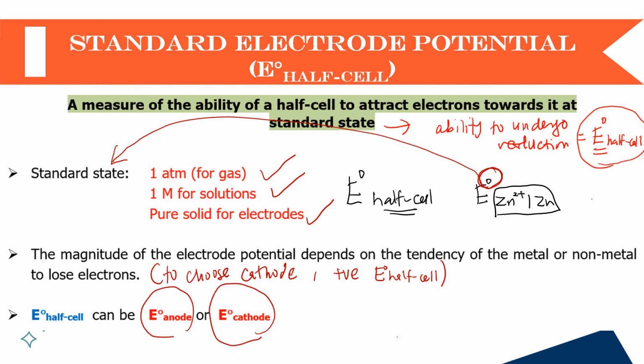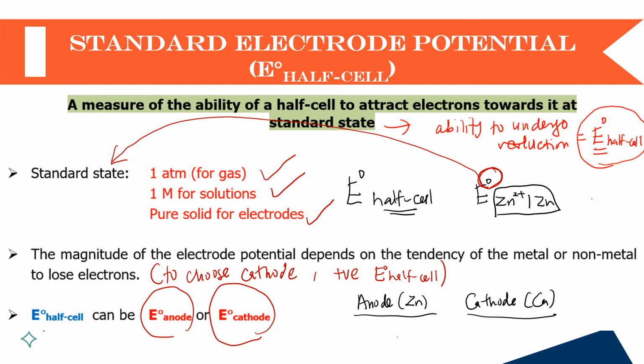Our E0 can be E0 anode or E0 cathode, which just refers to the position, either at the anode or the cathode. So just now, our anode is zinc and our cathode is copper.